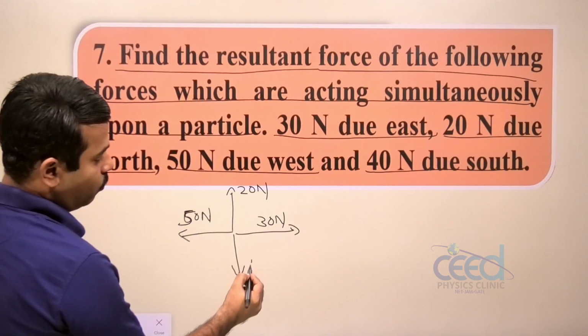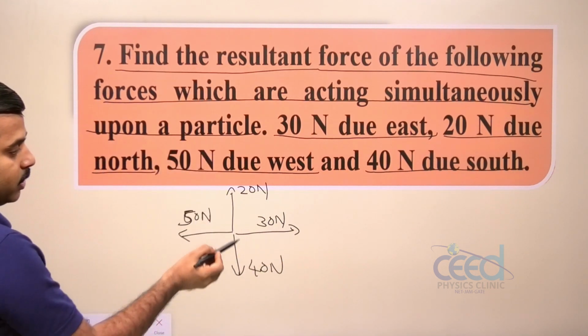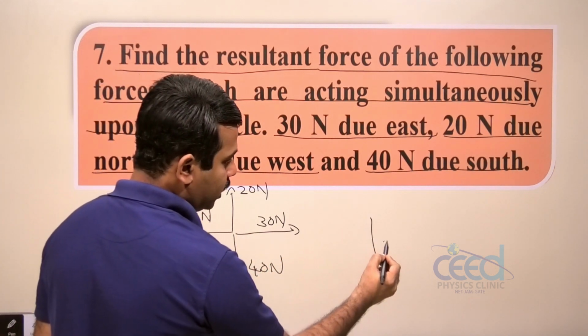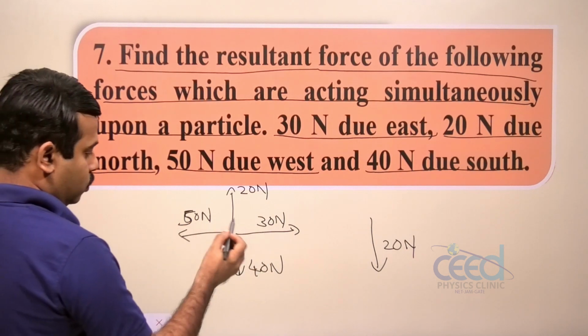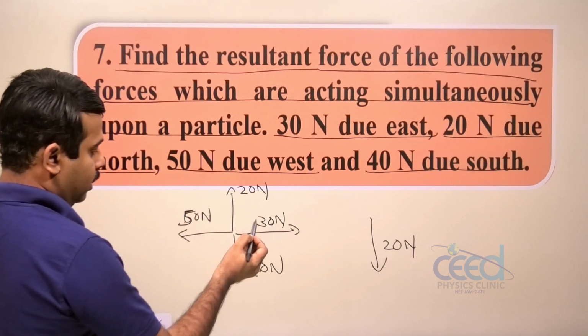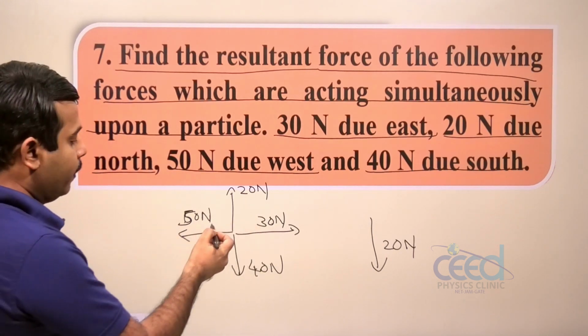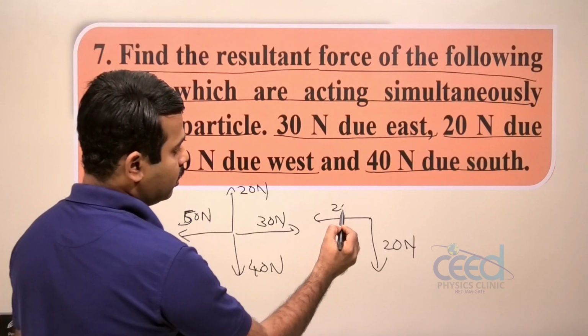Now these are in opposite directions, so the resultant will be 40 minus 20, that is downward 20. Similarly 50 minus 30, the resultant force will be in the direction of the higher force, that means another 20 in this direction.